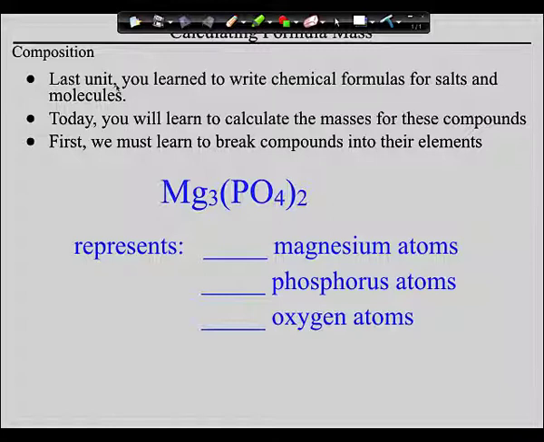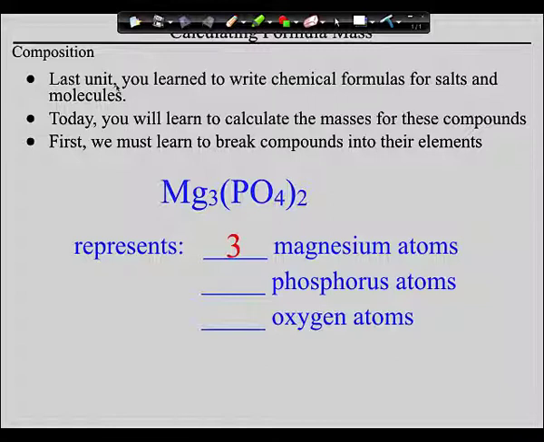So guys, magnesium. How many magnesiums are in a magnesium phosphate? 3, right? The subscript tells us there's 3. Now guys, this is the only thing that makes this tricky. Now we go over here and we look at phosphate. Phosphate is 1 phosphorus and 4 oxygens, right?